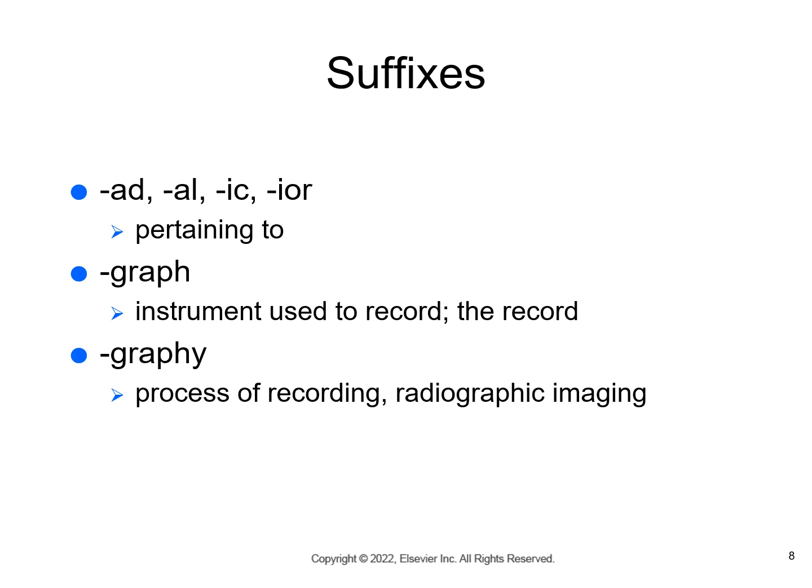Graph is an instrument used to record or the record of something, and graphy, with a slight change of adding one letter, means the process of recording or the process of radiographic imaging.